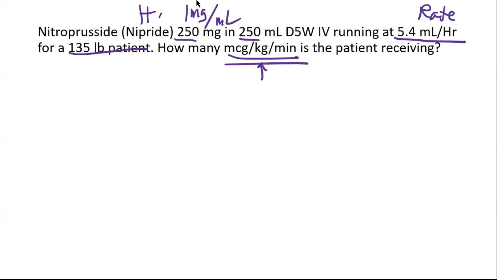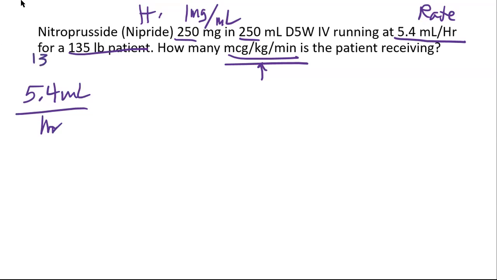So let's start with the rate. We're going to go 5.4 milliliters per hour. And then we're going to look at what we have as far as, I guess, 130. Maybe we should do the patient. Let's do the patient weight first.